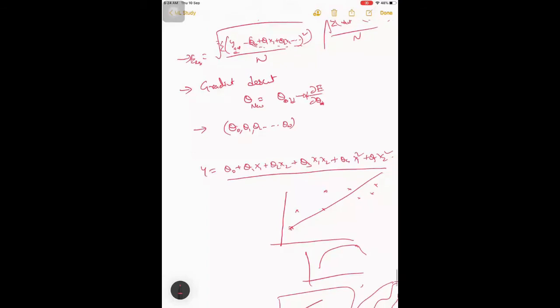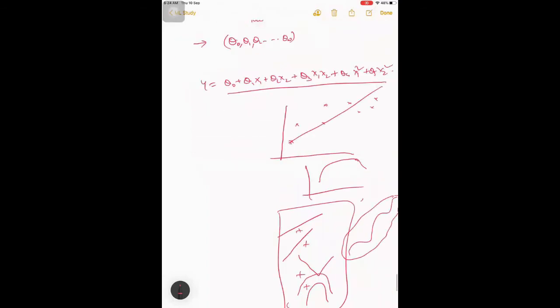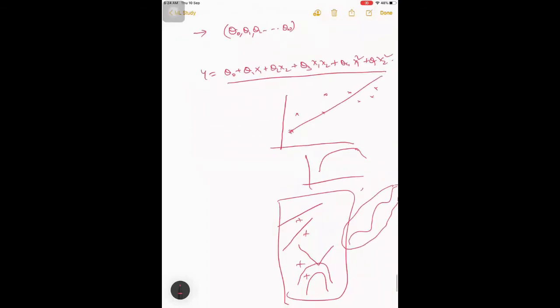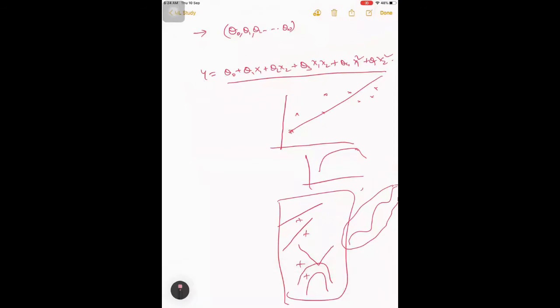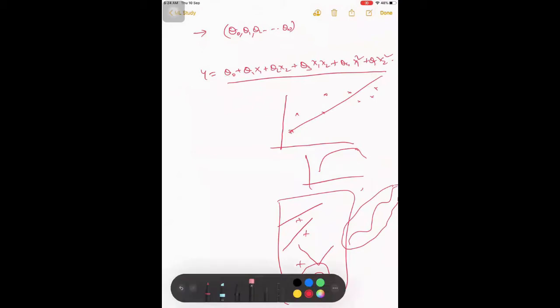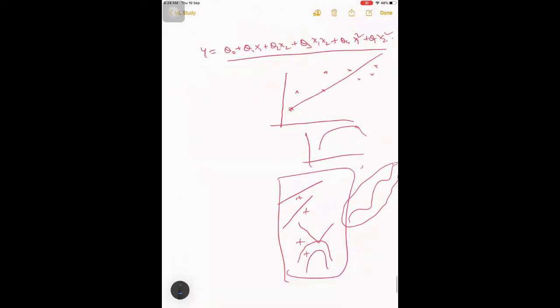It won't be just a linear value; we can even go for higher order terms as well. This we can call polynomial regression.